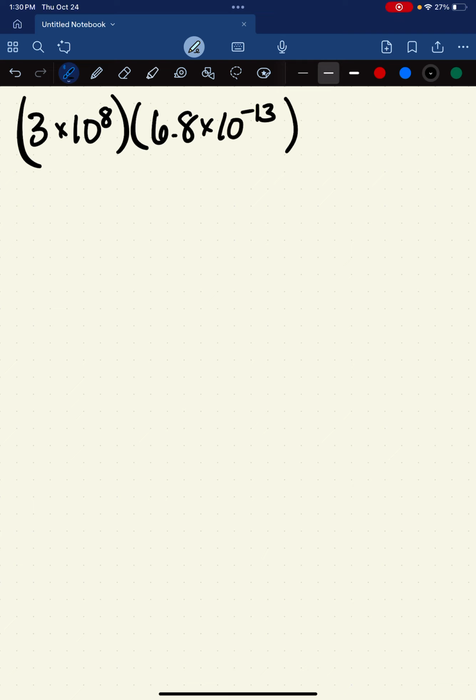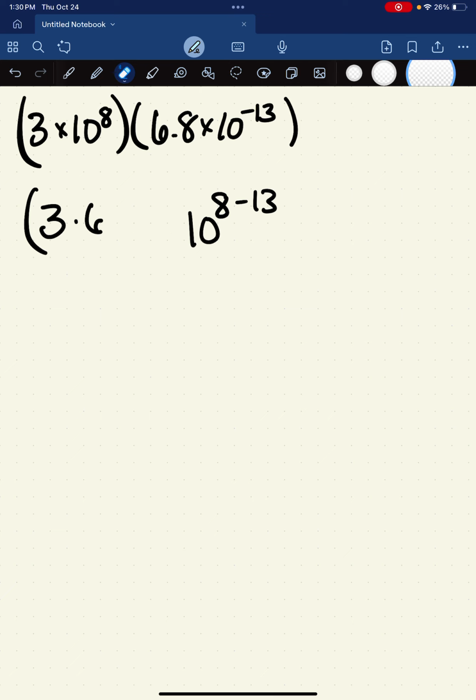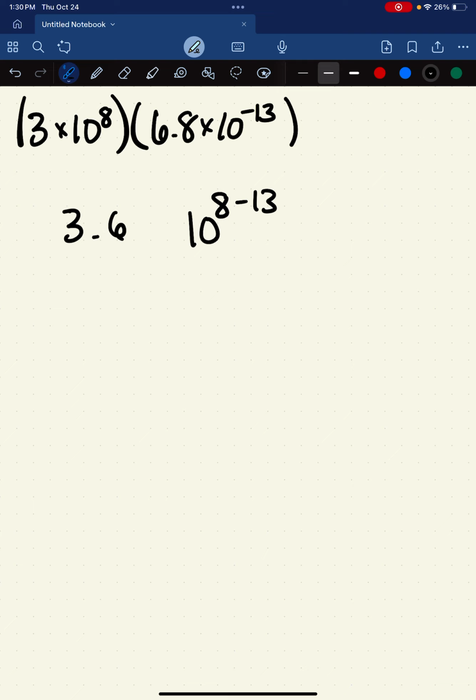Okay, remember, from what we got before, we can simplify this down to 3 times 6 times 10 to the 8 minus 13. 3 times 6 is 18. 10 to the power of 8 minus 13 is minus 5.